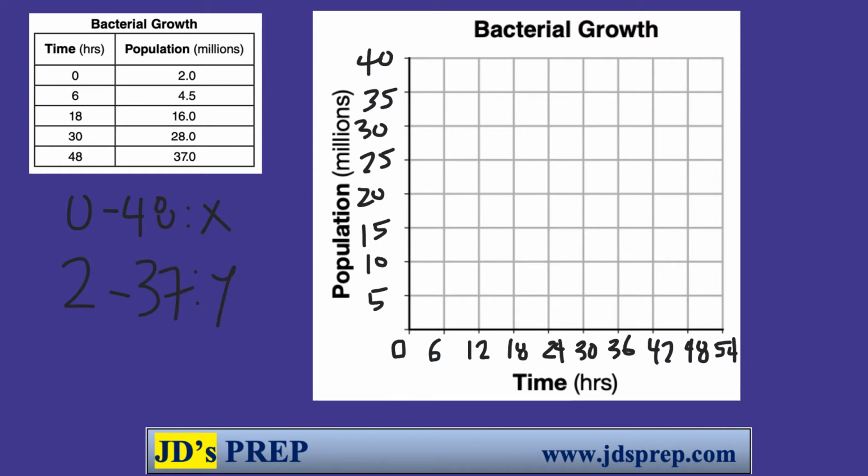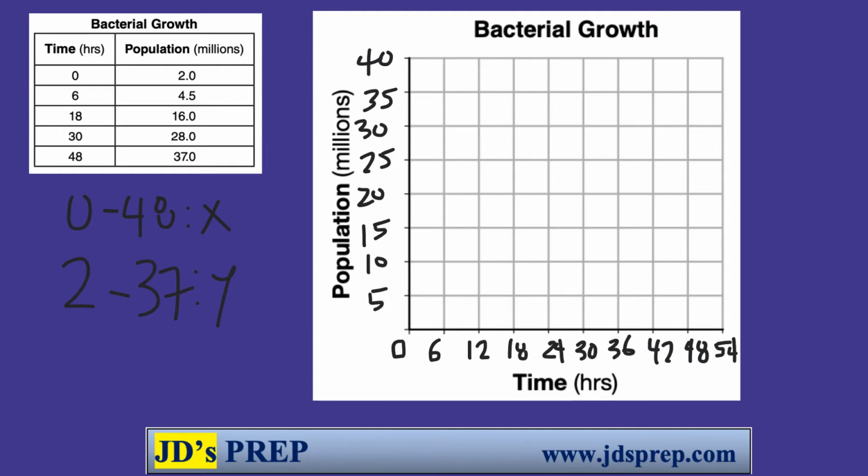Now it's asking us to plot our actual points. With each one they want you to put a dot and then draw a circle around it, and then we'll connect the lines. If you have the labels for your axis set up well, then you should be able to do this as long as you're careful, reading your axis labels appropriately and plotting accurately.